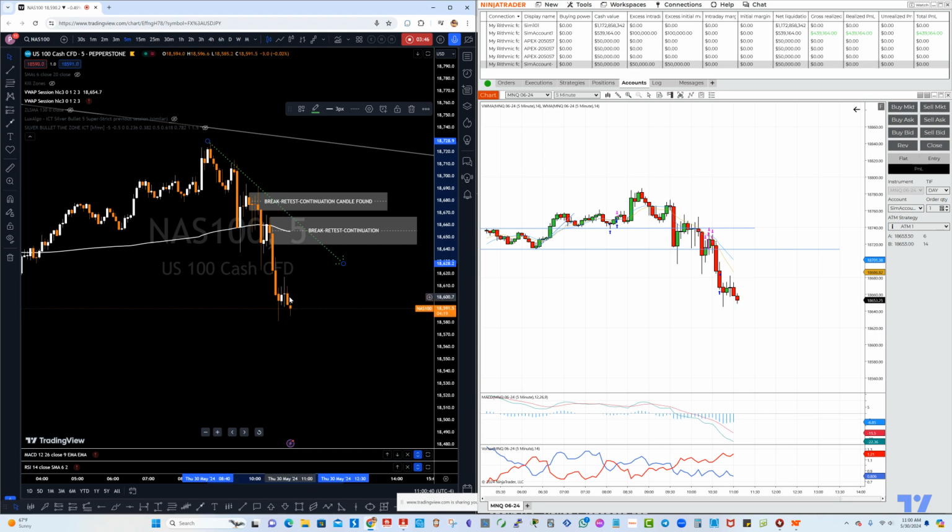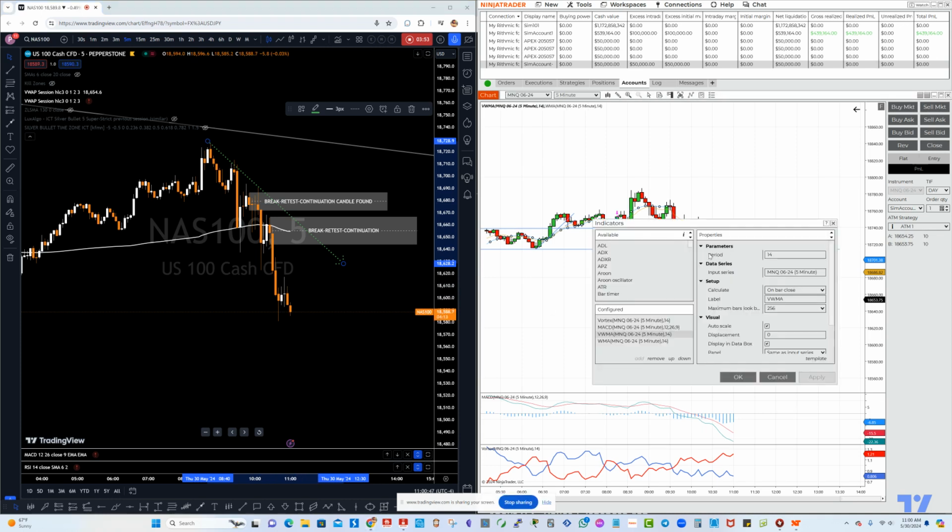This is a good setup right here, but using these indicators that I have on my right hand, I have the VW moving average.